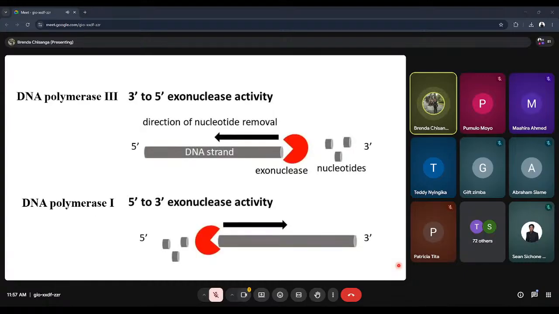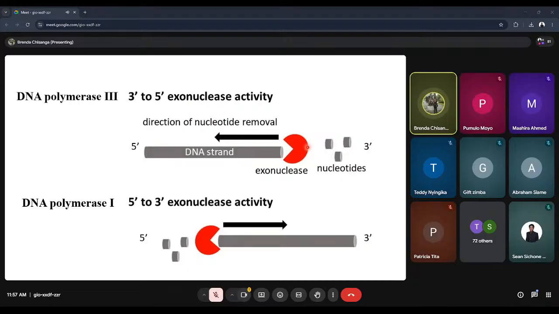Now, I just want you to look at this slide to understand what 3 to 5 or 5 to 3 means. I remember saying that DNA polymerase 3 has this proofreading ability, and it can make mistakes, and it acknowledges that. To correct itself it moves in the 3 to 5' exonuclease direction, because you're destroying something, or destroying nucleotides in this case.